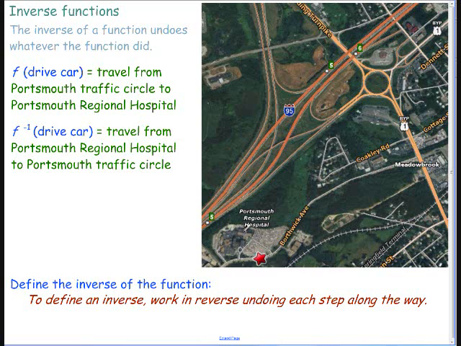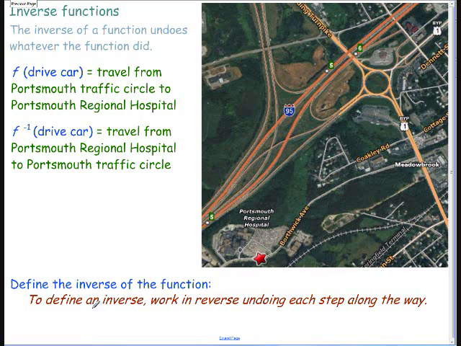The inverse of this would undo, that's the point. The inverse will undo what you already did. So if I want to end back at the traffic circle, now instead of taking a right, I'm taking a left, and then I'm back at the traffic circle.